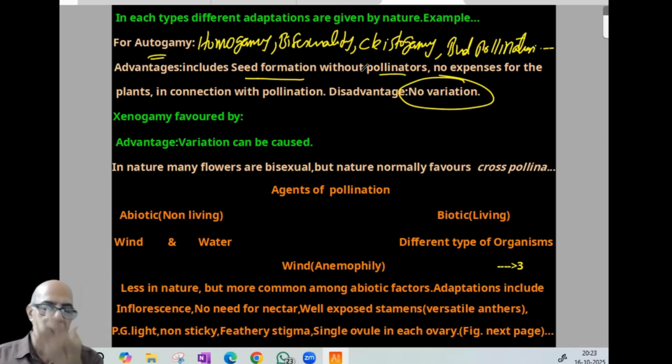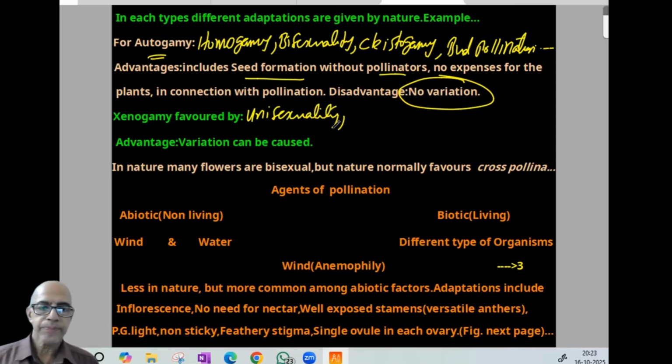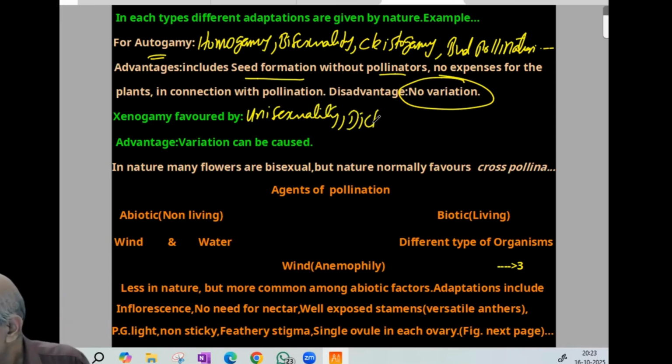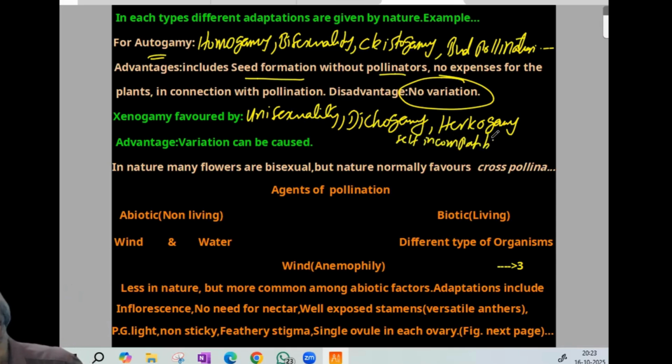Now the counter: xenogamy is favored by unisexuality, only one sex; dichogamy, maturation of sex organs at two different times; hercogamy, a physical barrier between androecium and gynoecium; and self-incompatibility. The advantage of cross-pollination is that variation can be caused.